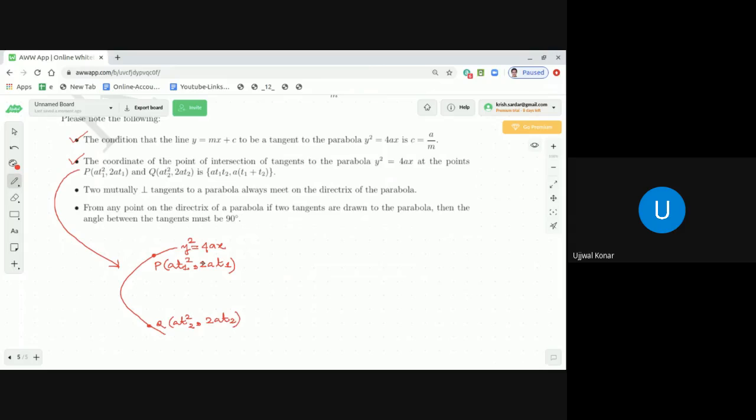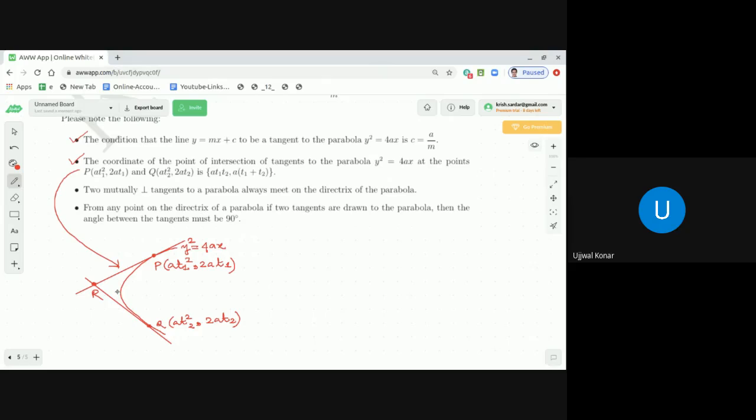2a t2. Now you can draw tangents to the parabola at these 2 points, P and Q, no? So if we draw the tangent, suppose this is one tangent and this is another tangent. As you see, these two tangents meet at a point. Suppose R be the point of intersection.